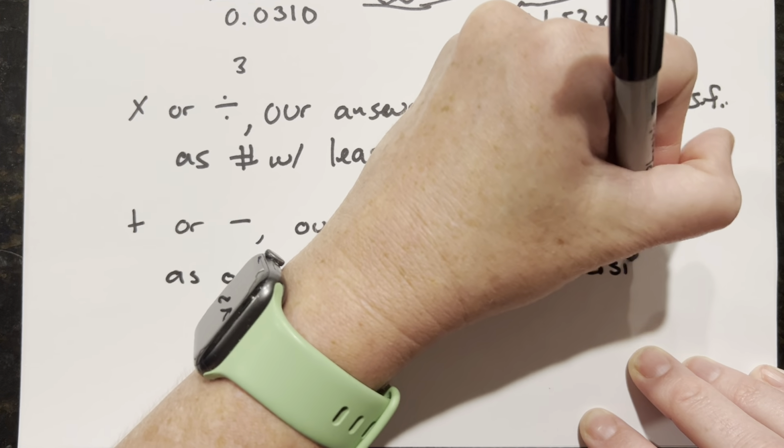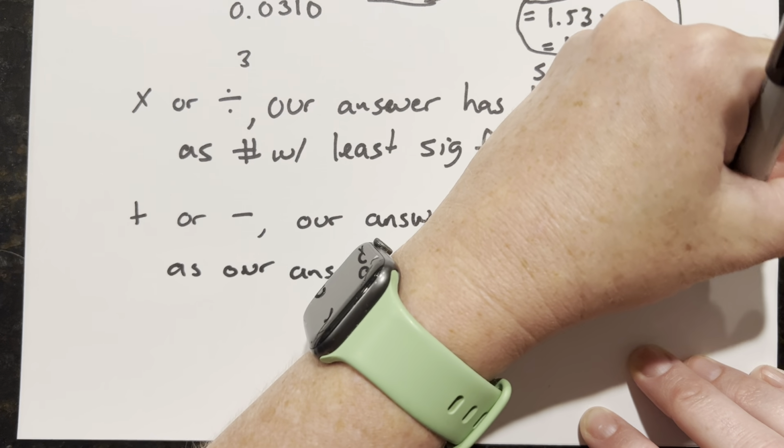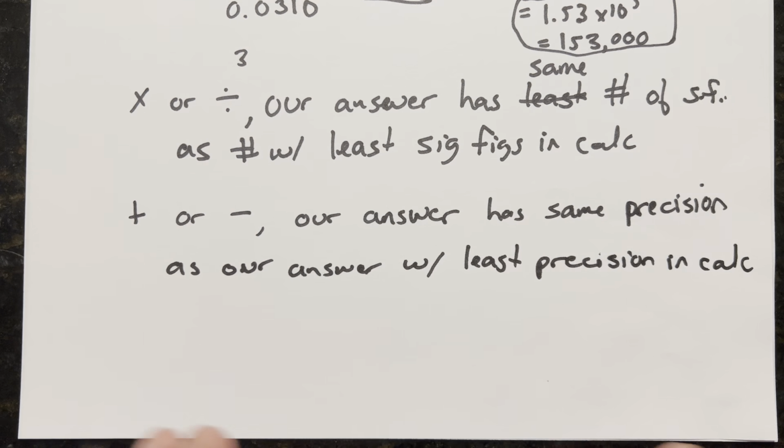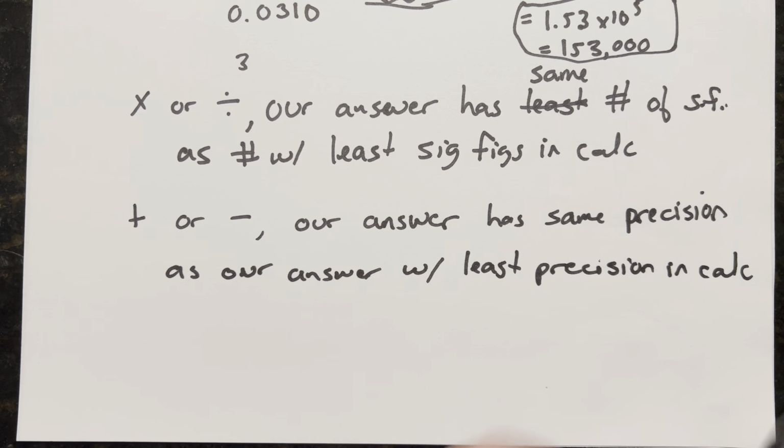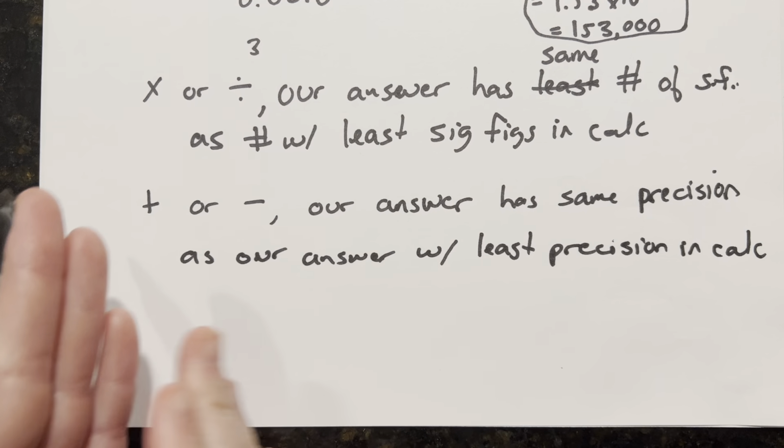And we'll talk about what I mean by precision right now. So when we add or subtract, our answer has the same precision as our answer with the least precision in the calculation. So what I mean by that is, how much do we know about that number?